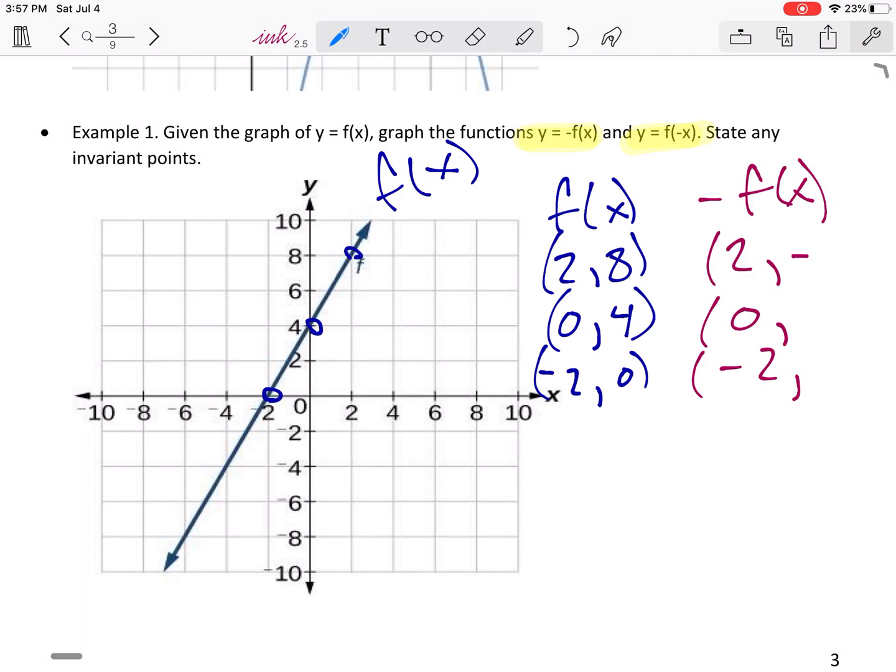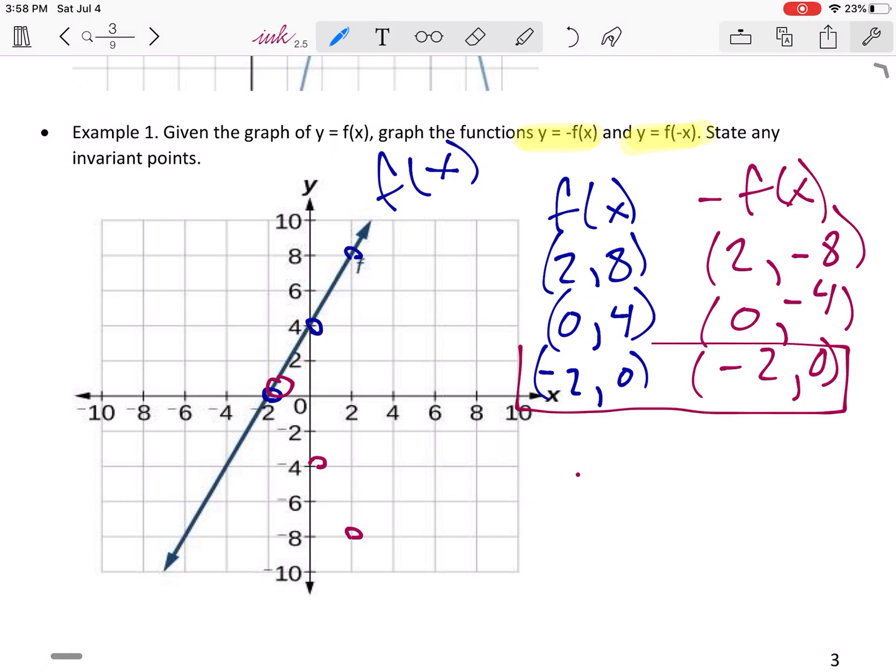So this is going to become negative 8, negative 4, and that's just going to be 0. Let's draw this up now. We've got (2, -8), (0, -4), and (-2, 0). That would be these two here.